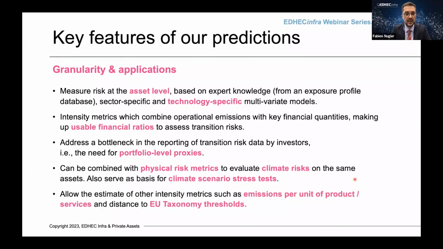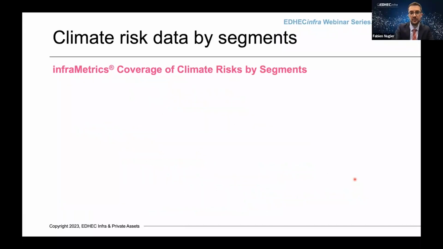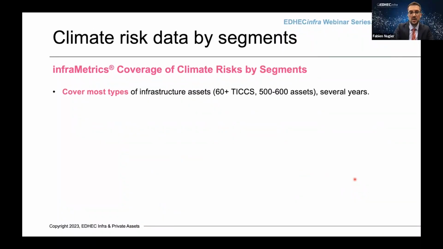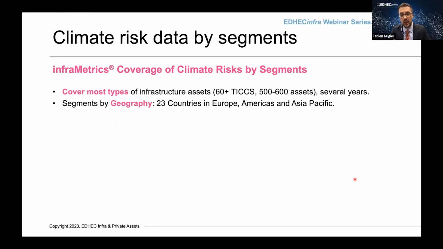And last as well, those metrics can be used with other types of data, such as the unit of production or services of those assets. And this can be used as well to estimate the distance to EU taxonomy thresholds. So these are our metrics, and they are available at different segments. We are covering right now more than 60 TICS categories. We have between 500 and 600 assets which receive emissions predictions.